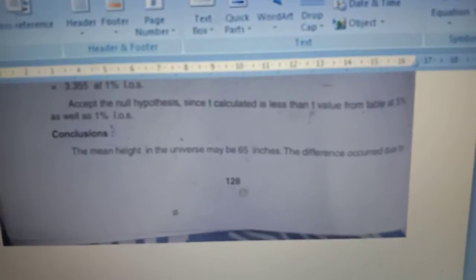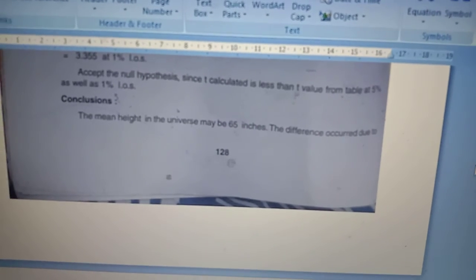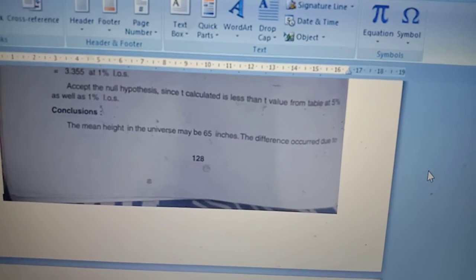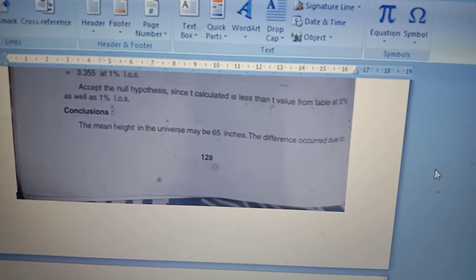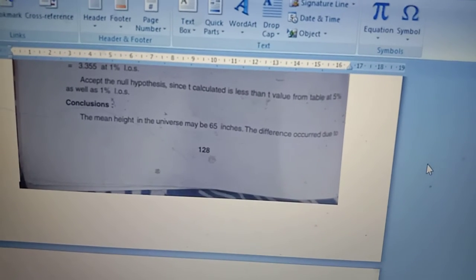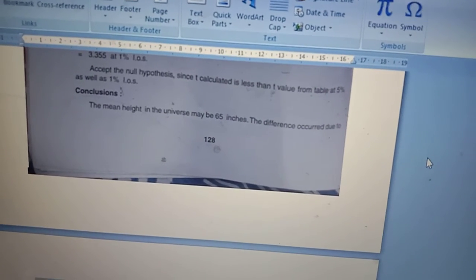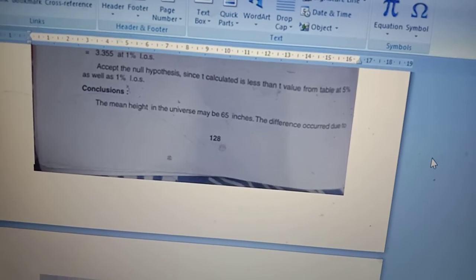And that is why you are making the statement to accept the null hypothesis, since t calculated is less than the t value for the 5% level of significance as well as the 1% level of significance. So the conclusion is the mean height in the universe may be 65 inches.